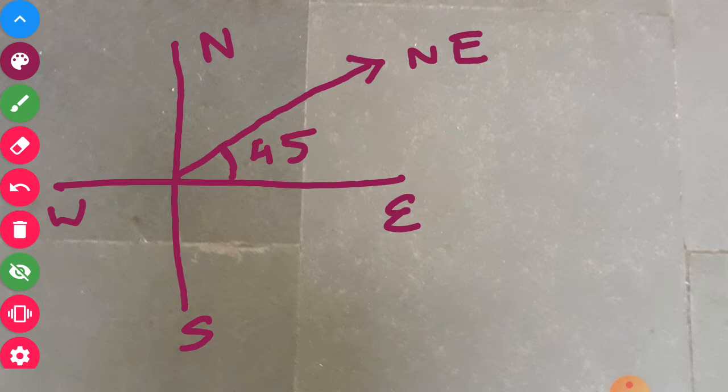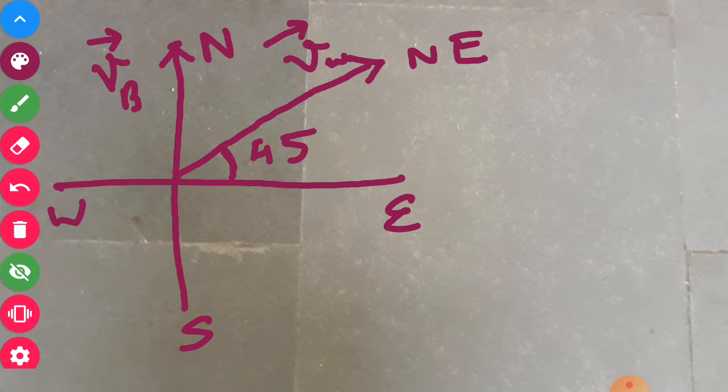Okay, now the velocity of the boat is in this direction. This is the direction of the velocity of wind. The velocity of the boat is in the north direction. The velocity of wind is in the northeast direction.